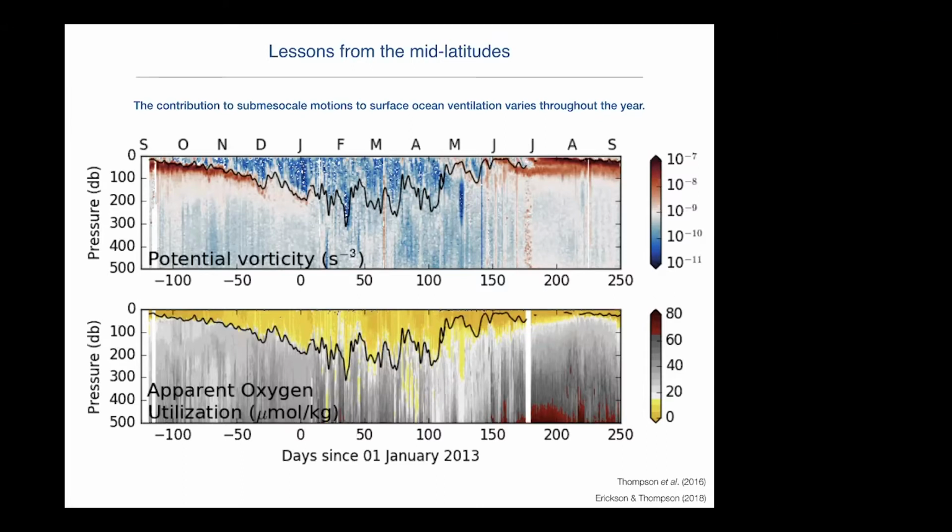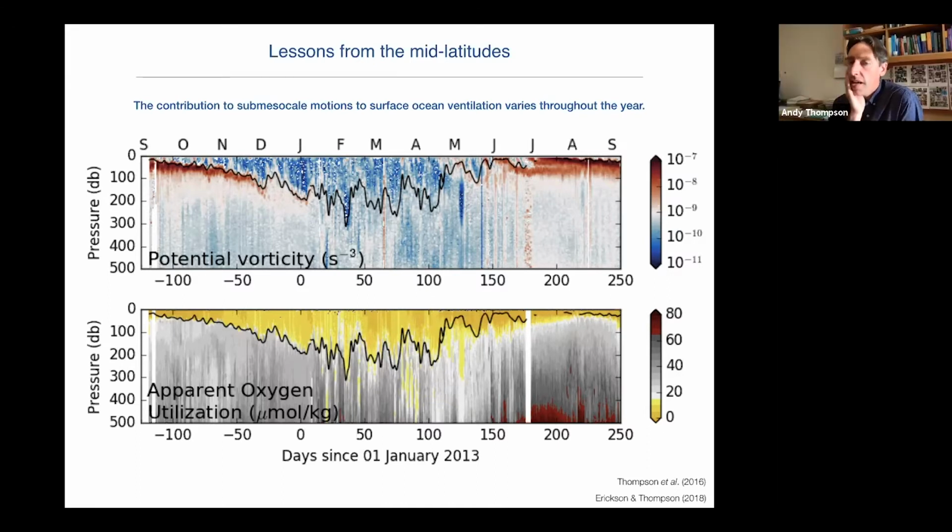Andy, this is Tom. Am I hearing you say that these could be the result of penetrative convection? No, not necessarily. Melissa's right that these are still thought of as largely along isopycnal fluxes.